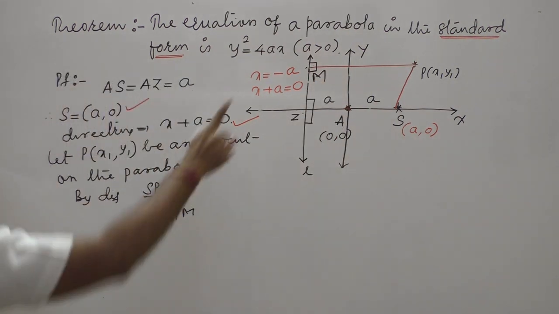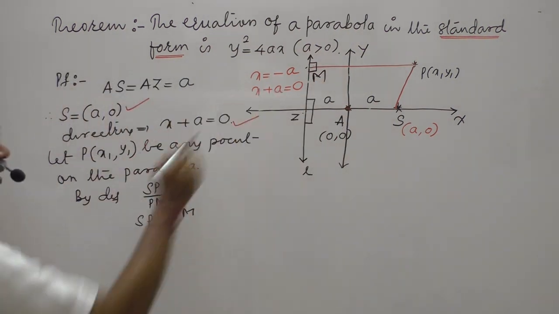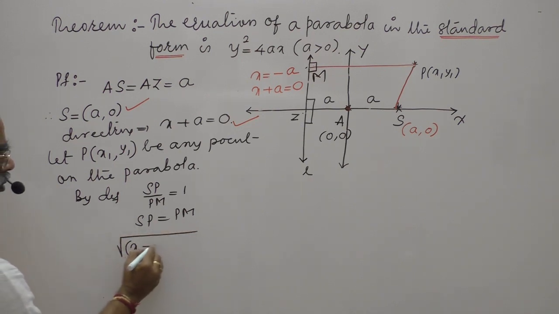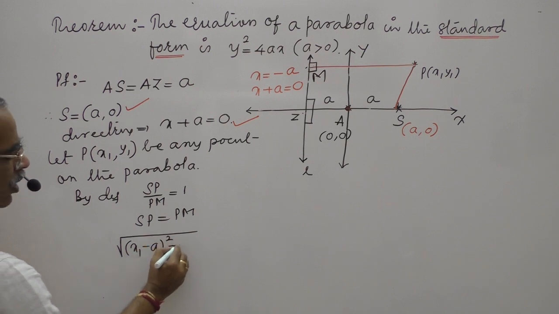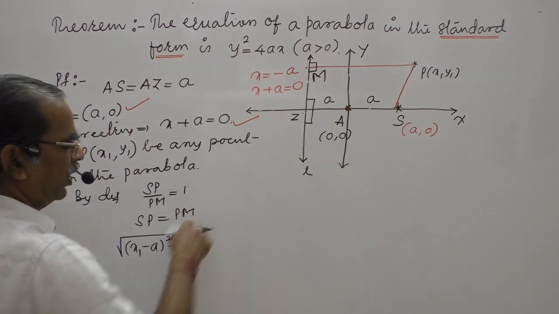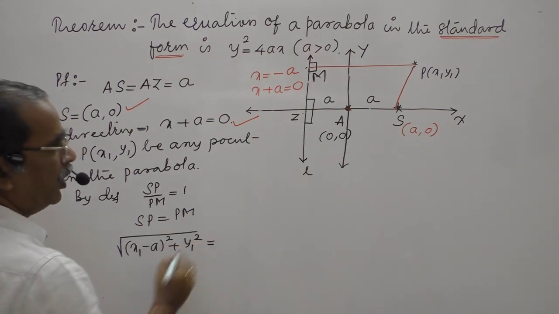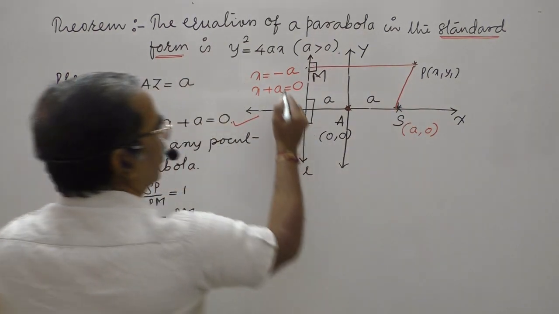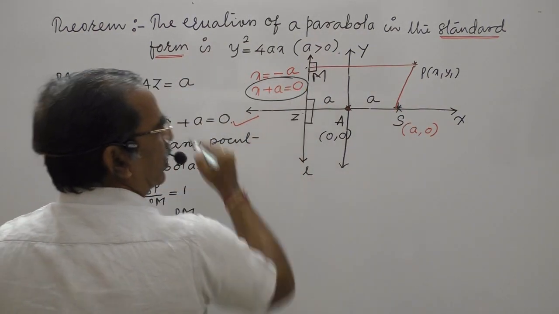So we will write the distance SP, the distance between S and P. This is very simple. (x1 minus a) whole square plus (y1 minus 0) whole square, which means y1 square. PM means the perpendicular distance from (x1, y1) to the directrix.